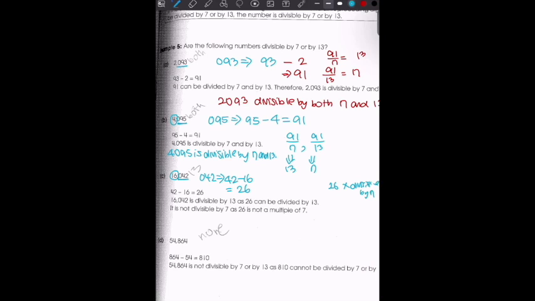But 26 divided by 13 gives us 2, so it is divisible by 13. And so that tells us that 16,042 is divisible by 13, but not 7.